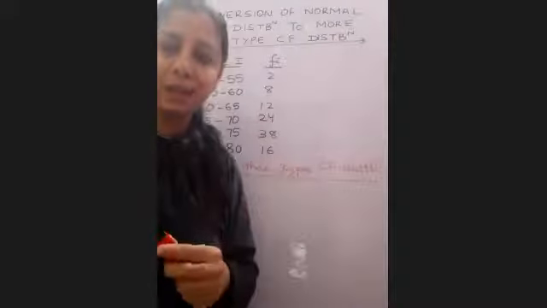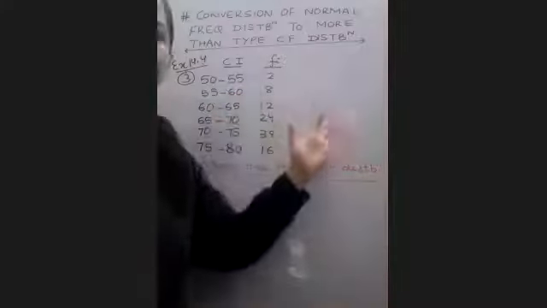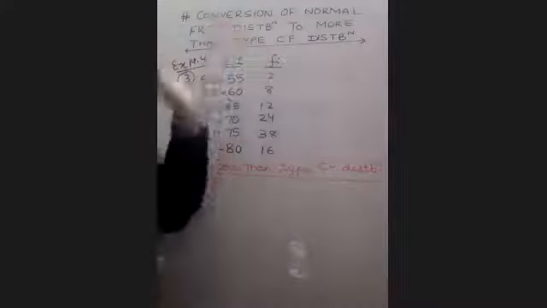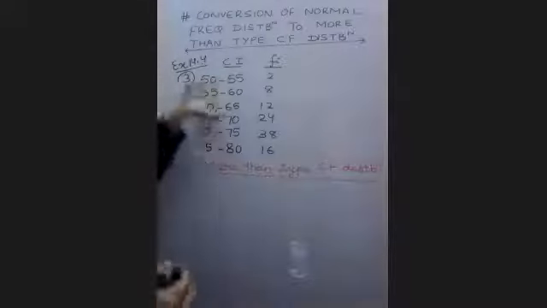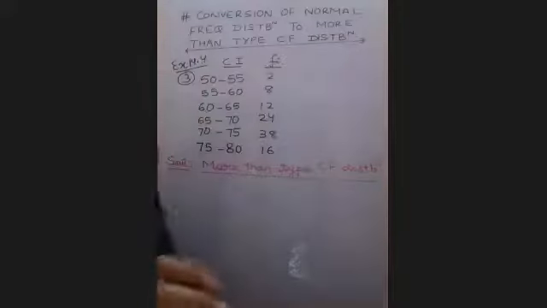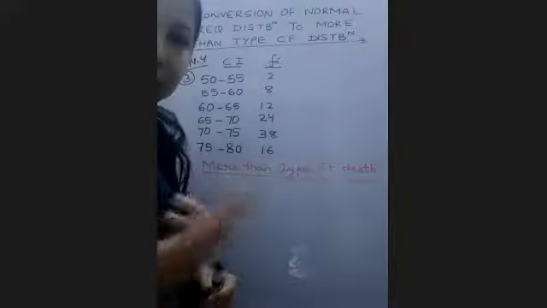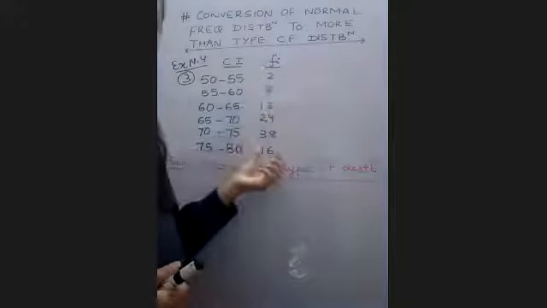You give me something interesting, like yesterday we were taking wages, number of workers, marks, number of students. So you give me a word for CI and FI. Tell me what it could be. Anybody? Try. What could these intervals be and what could this frequency be?